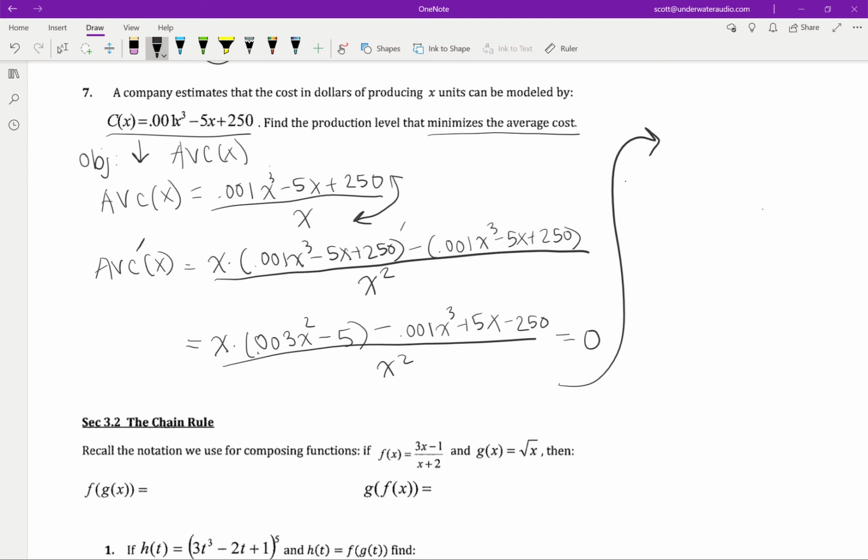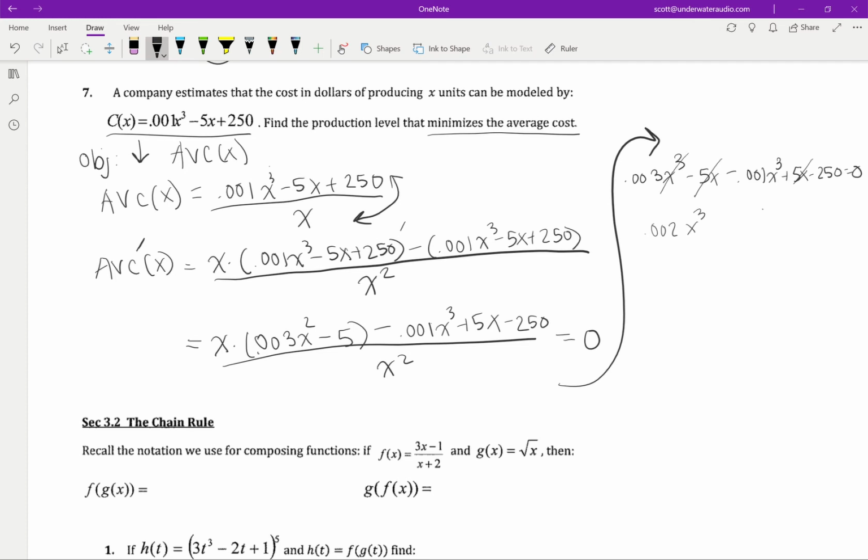So the top would be 0.003x cubed minus 5x minus 0.001x cubed plus 5x minus 250, and it should equal 0. I didn't come up with this problem, but I'm glad that whoever did, because this cancels, which is really nice. And then 0.003x cubed minus 0.001x cubed, that's actually pretty easy. That's just going to be 0.002x cubed.